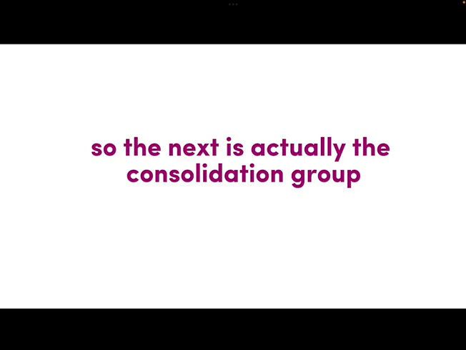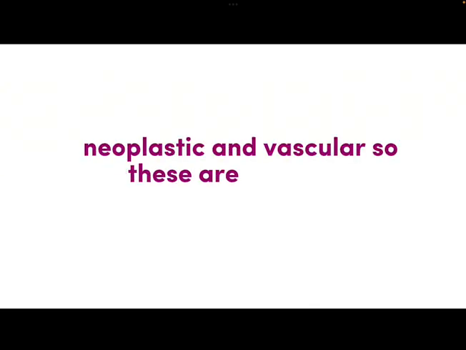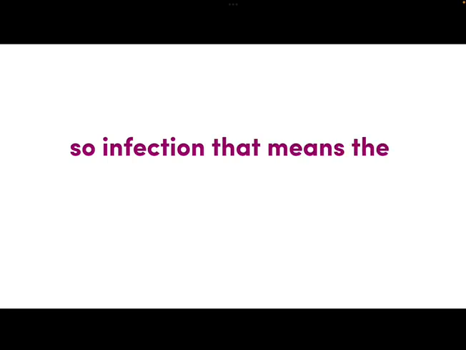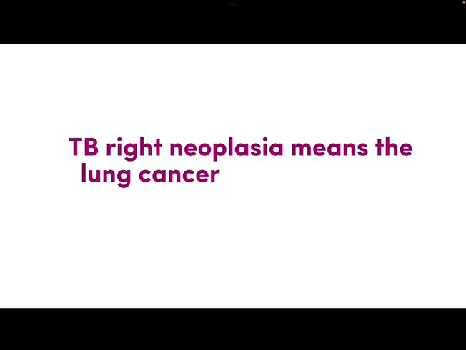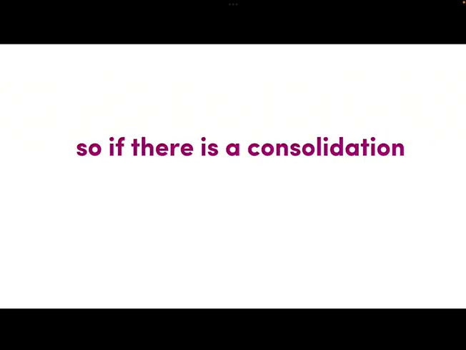Understand? The next is the consolidation group, meaning infective, neoplastic and vascular causes. Infection means pneumonia, TB, right? Neoplasia means lung cancer and metastasis, and vascular means pulmonary embolism. If there is consolidation, what will happen?